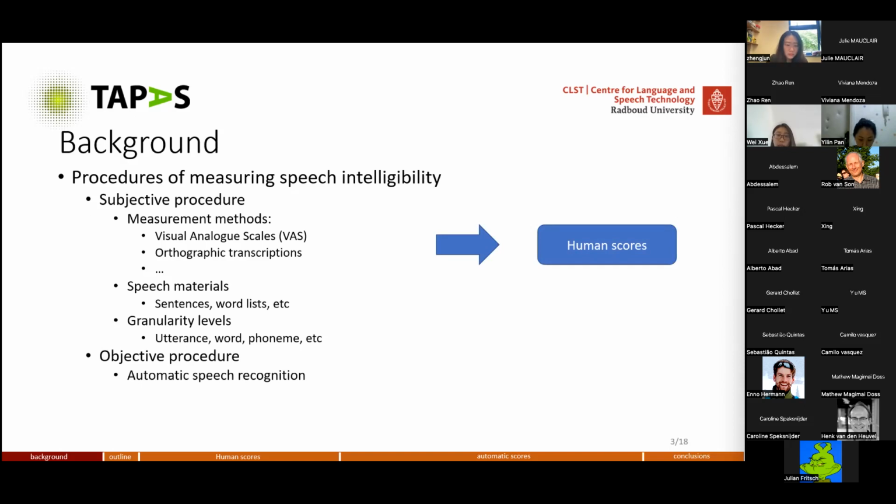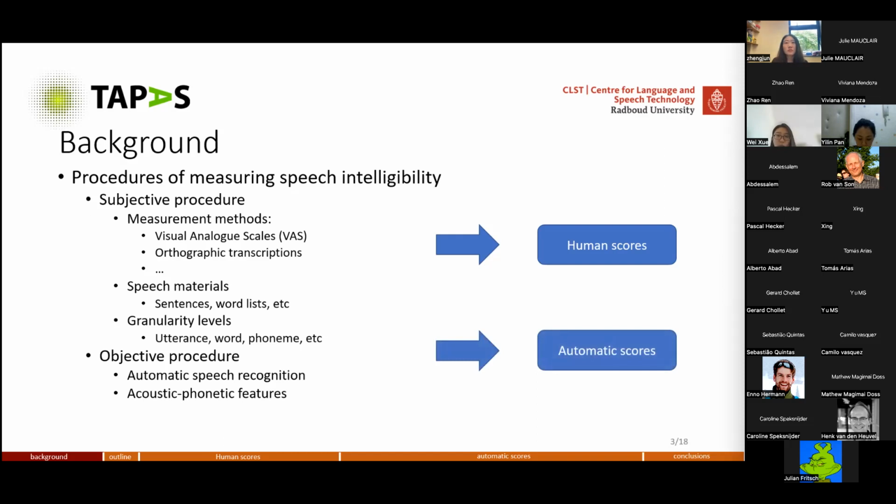We can also calculate acoustic phonetic features directly from the dysarthric speech and explore their relation with the human scores collected through the above subjective procedure. And this objective procedure produces what we call the automatic scores. So my research topic is about developing valid measures of intelligibility through both procedures. And I'm going to introduce 2 studies for each procedure and make conclusions from them.